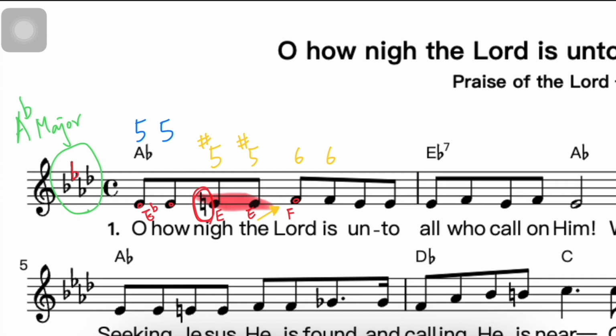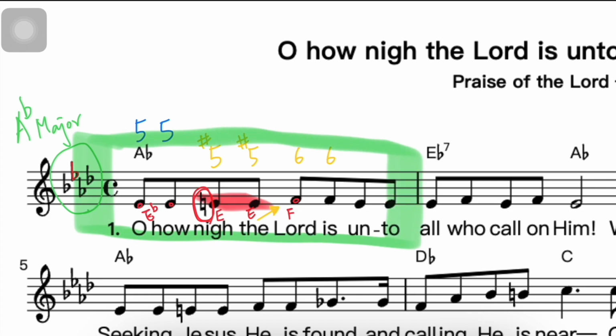Okay, we're still in the same bar. So what happened is here, this natural sign will affect these two. So they're the same. What are these two? They are So, or La, sorry. Actually, these two are the same.